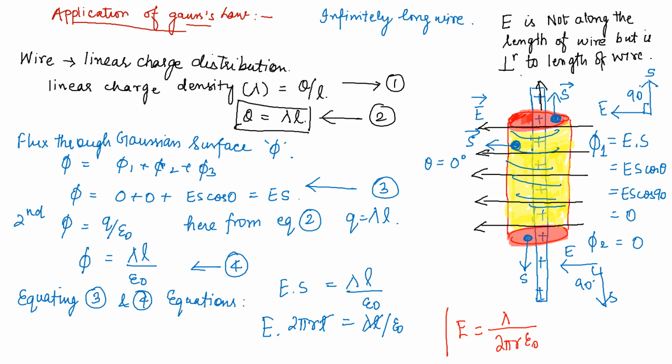If we are writing this in the vector form, we have to introduce the unit vector for the radius. So this is the electric field due to a wire of infinite length, and we have found it out using Gauss's law and the Gaussian surface.